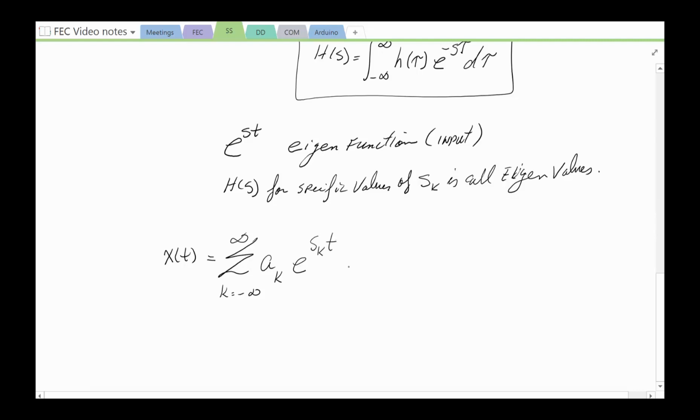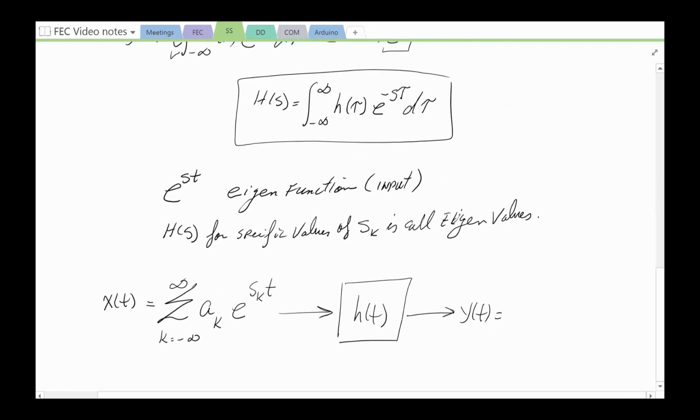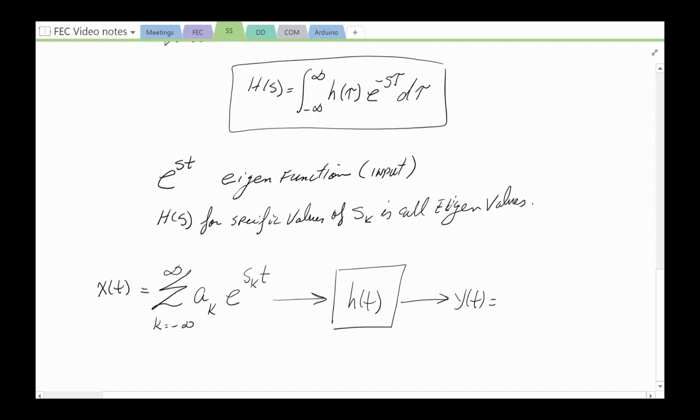If that's the x of t, and we run it into a system that has an h of t, we can calculate the y of t very simply, because if I have h of t, I can find h of s.